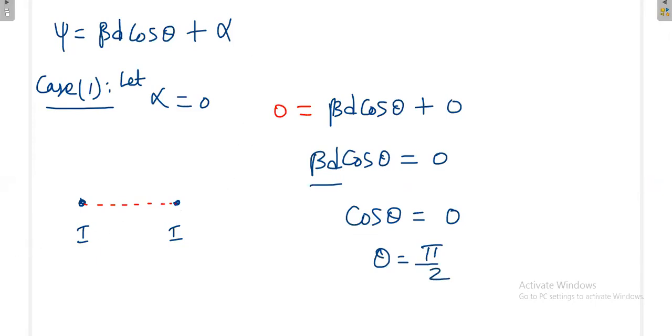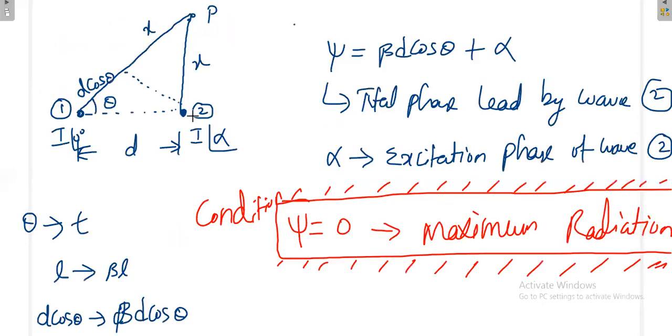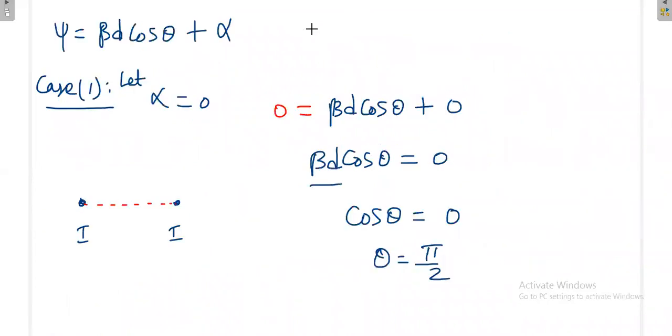Then you know from the discussion of theta, where you have taken your theta like this, once theta goes to pi by 2, what is your observation point? This is your observation point. You are here. If you are here, then only your angle from this will be pi by 2.